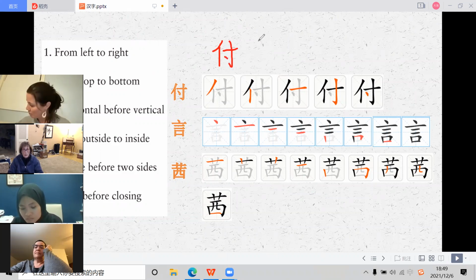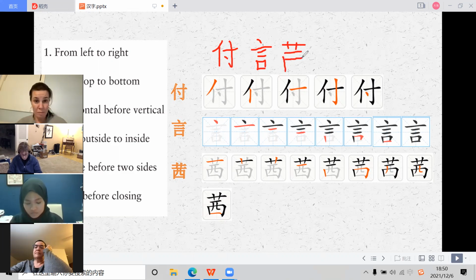And 言: dian. 风: heng, zhe, heng. And 西: heng, dian, dian, heng, shu, heng, zhe, 撇, shu, wan.